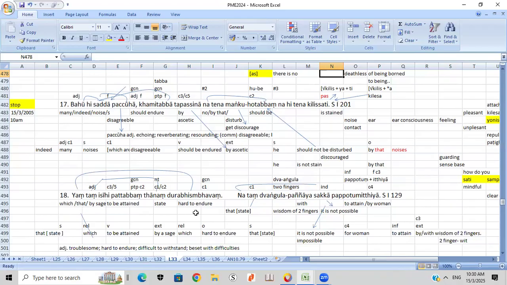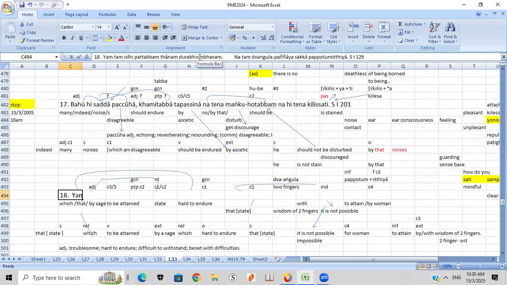Verse 15, one minute, let me open the book. Abisam, I think. Yam tam, I think it should be Sambawang. Should be Sambawang.